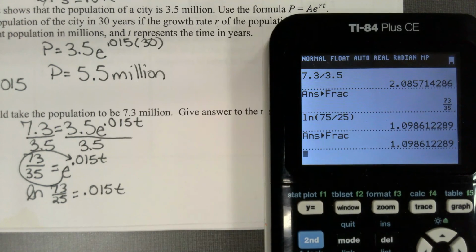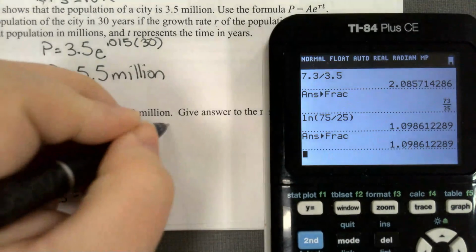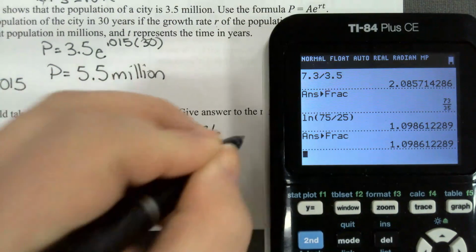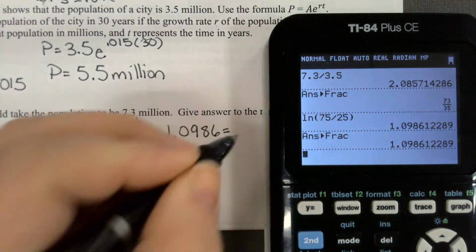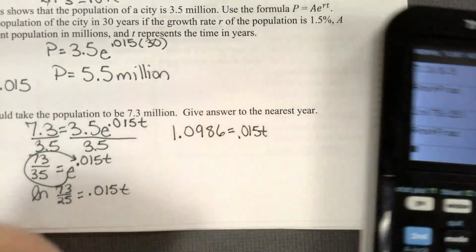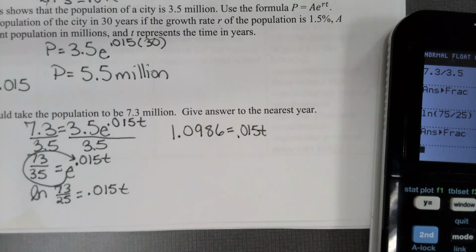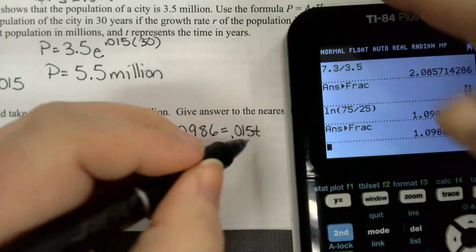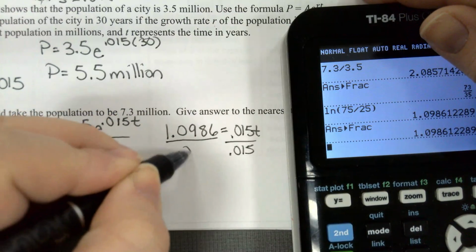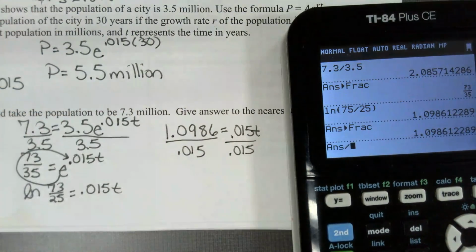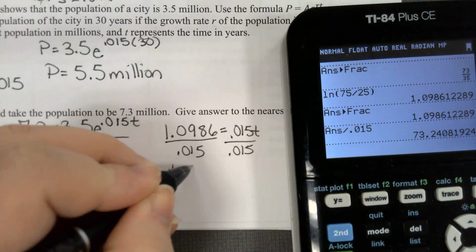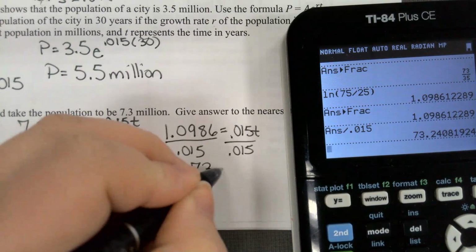But this one won't be able to be. 1.0986 equals 0.015t. We'll divide both sides by 0.015. And I get that t is equal to 73 years.